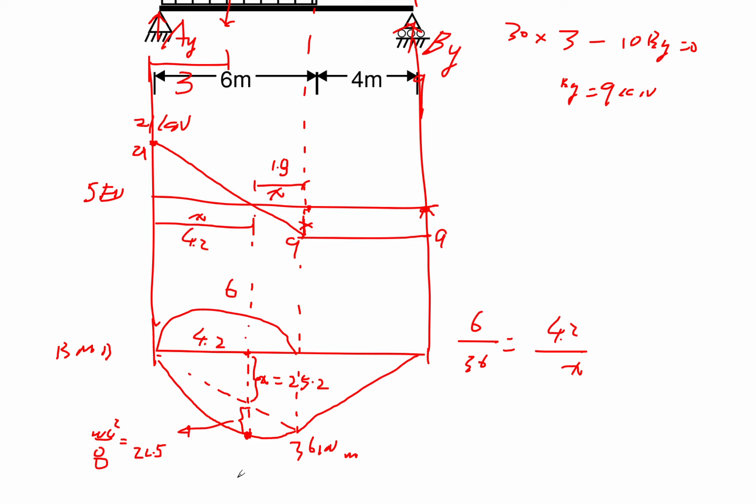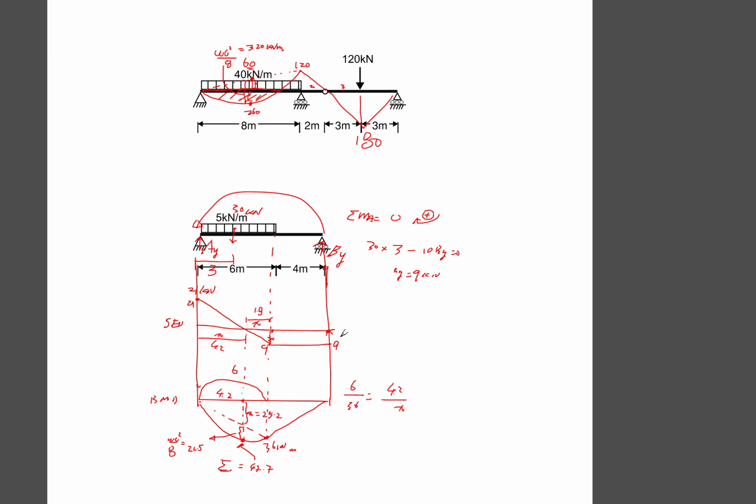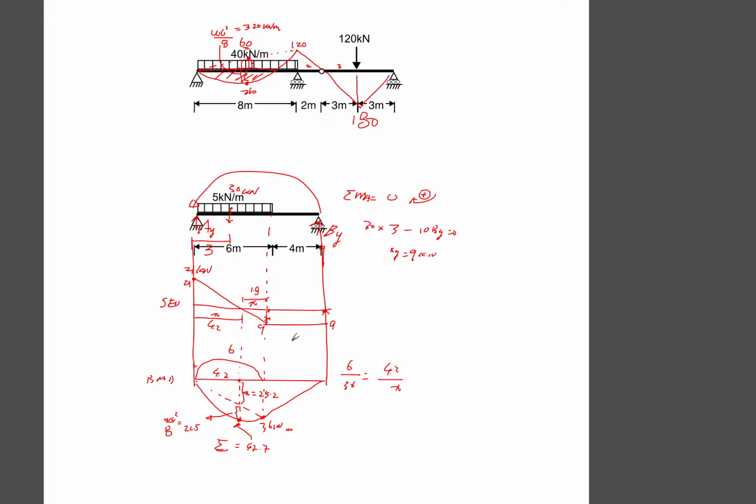Combined together: 22.5 plus 25.2 plus 22.5 gives 47.7. Here we go. That's your maximum bending moment of 47.7, and next to it is 36 kilonewton meters. So this is how we solve the bending moment and shear force diagram. Sometimes we do need to work out the reactions, sometimes we don't. Thanks for watching.